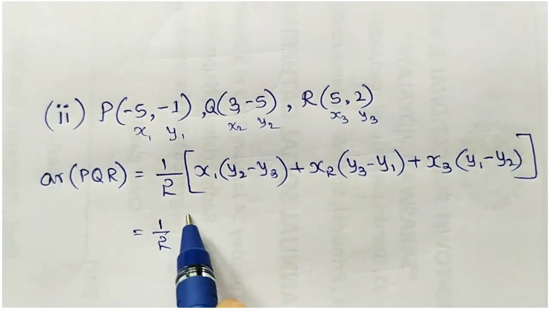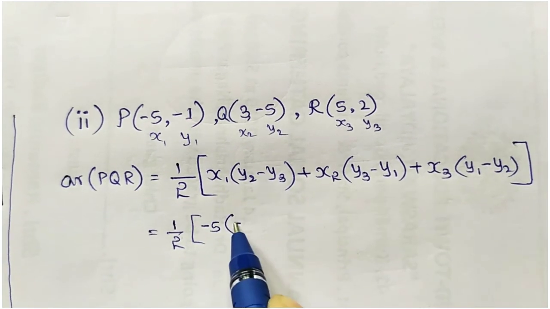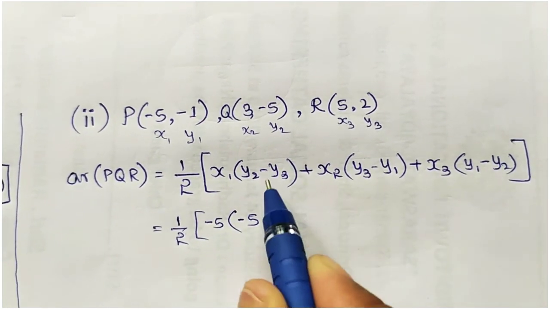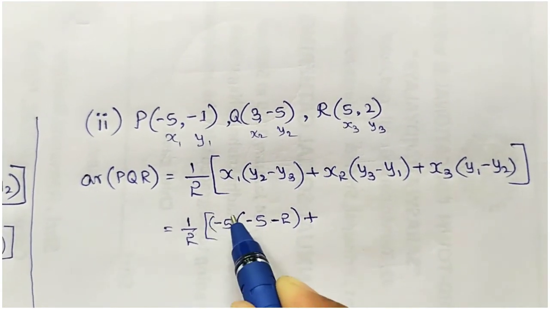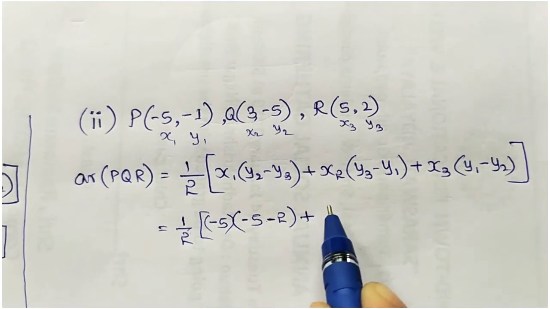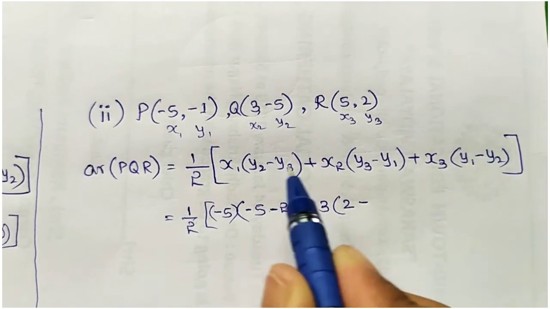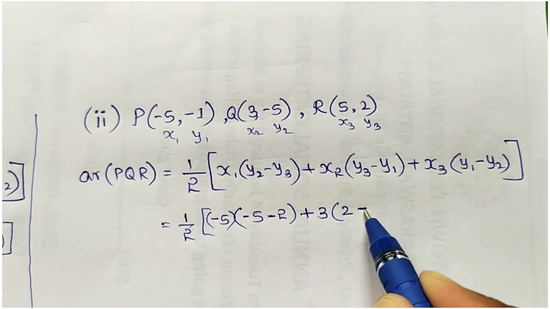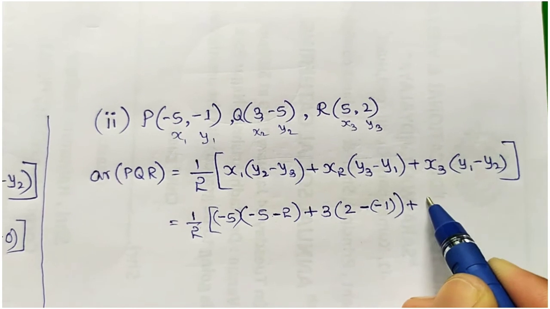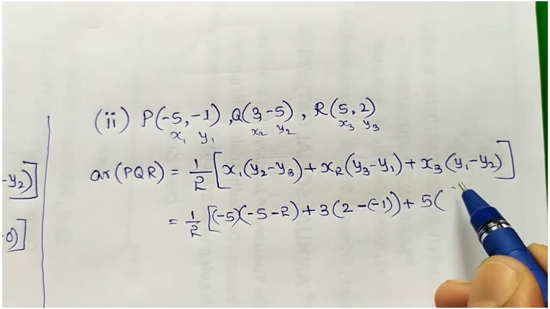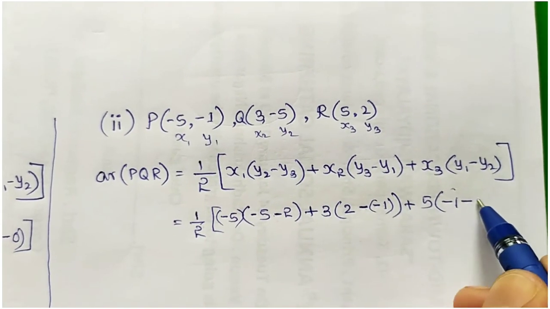Now substitute the values. x1 is minus 5, y2 is also minus 5, minus y3 which is 2, so always keep the negative number in bracket. x2 is 3, y3 is 2 minus y1 which is minus 1, so here already one minus is there, keep it in bracket, minus of minus 1, plus x3 is 5. y1 is minus 1, minus y2 which again is minus 5, so minus of minus 5.